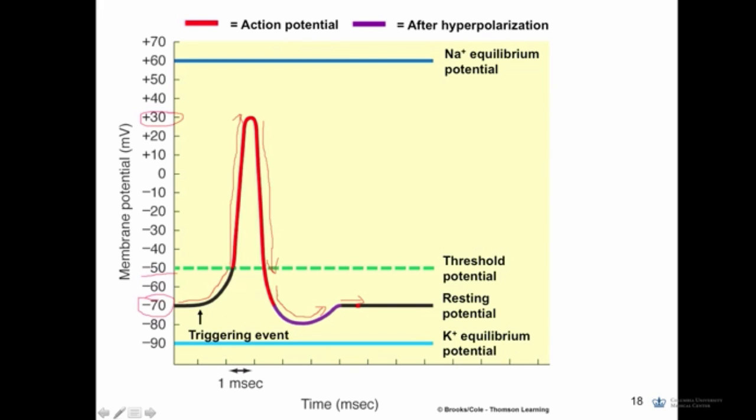So the parts of an action potential: we've got our initial depolarization, where something is triggering it. Number two, we hit threshold and have the rapid rising phase, the rapid depolarization. We reach a peak and hit the third part, a rapid falling phase or rapid repolarization. The fourth phase is the hyperpolarization, and finally, the fifth phase is going back to resting.